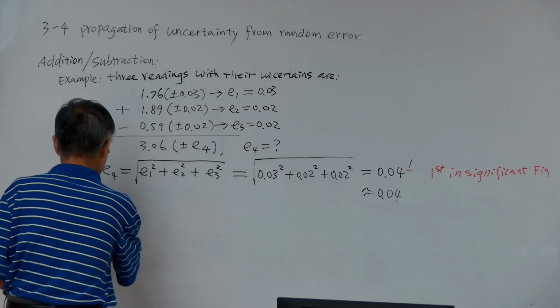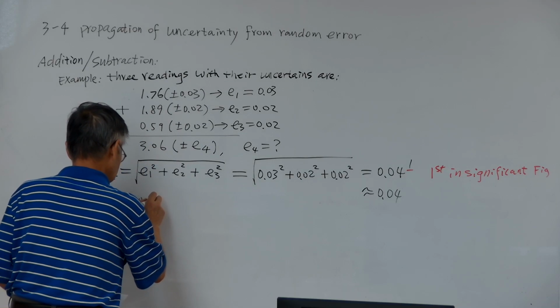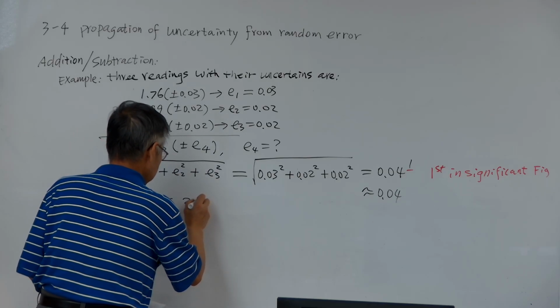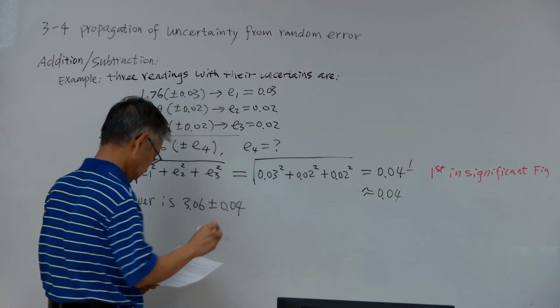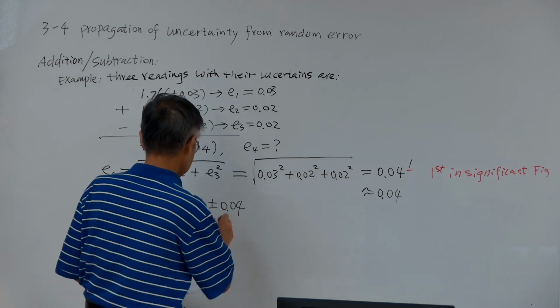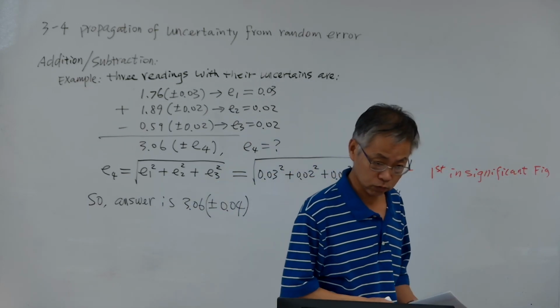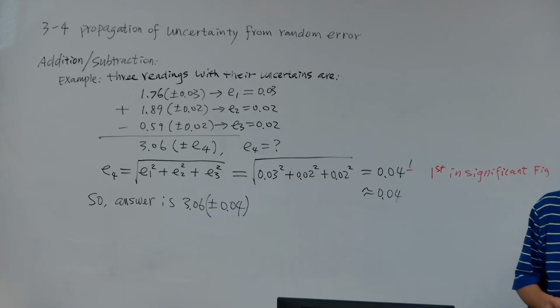So your answer will be 3.06 plus minus 0.04. The 0.04 is the uncertainty of the result.